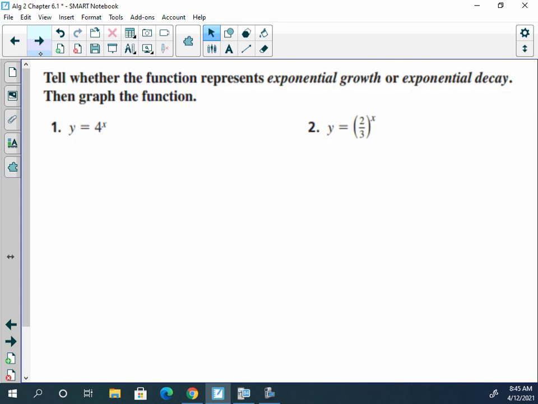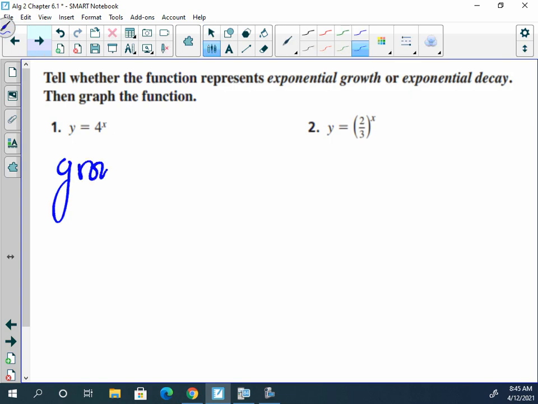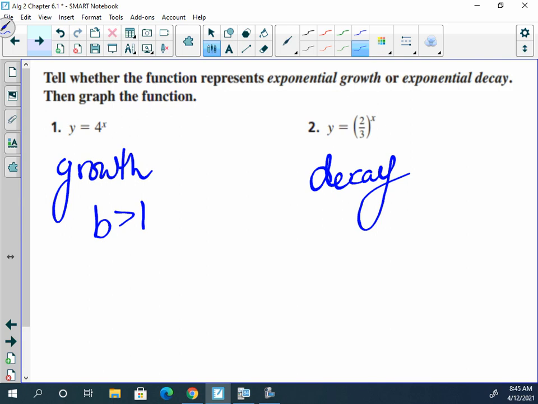So we can look at both of these here. Now, number 1 would be what? The growth. How about number 2? It'd be decay. The first one would be growth because b is greater than 1. And this is decay because b is between 0 and 1.